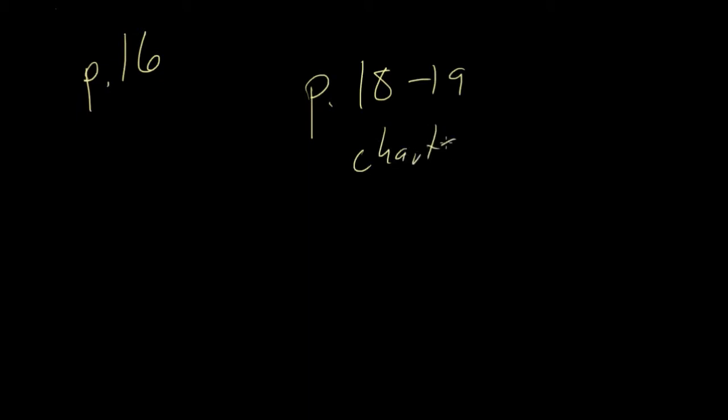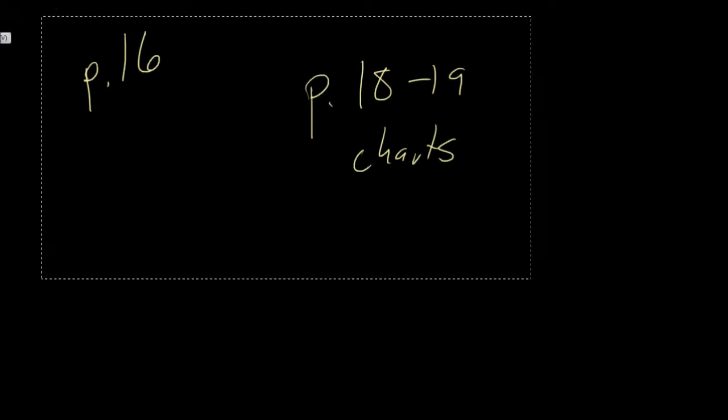Or also, if you are very visual and you like charts and tables, the section on sig figs starts on about page 16 of the text, and there's a really good chart for how to determine if things are significant or how to do operations with sig figs on page 18 and 19. There's your charts. But I'm going to talk through all the stuff anyway. But for those of you who'd rather just read it yourself and jog your own memory, here you go.